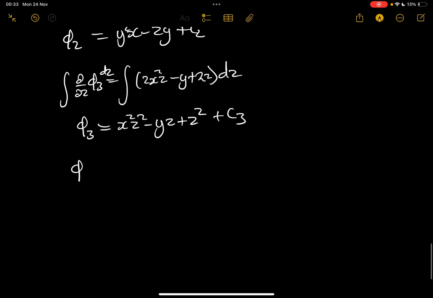Therefore, phi, the scalar potential, is equal to phi 1 plus phi 2 plus phi 3.